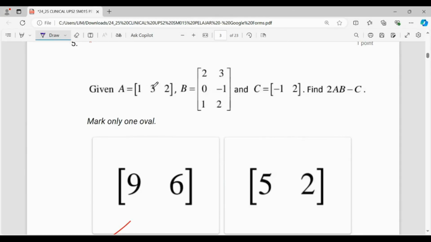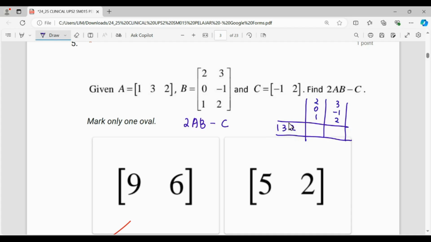Then given matrix A, matrix B, and matrix C, find 2AB minus C. First of all, we need to multiply A and B. A has 1 row, B has 1 column. A is 1, 3, 2. B column is 2, 0, 1. 3, negative 1, 2. So we multiply it, and we will get 2 plus 2, which equals 4.